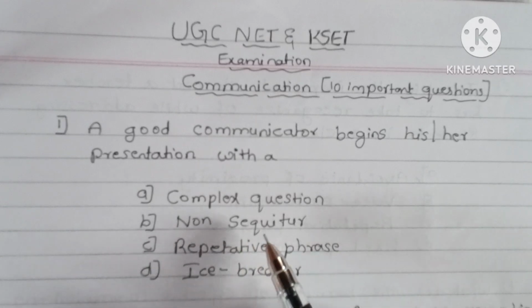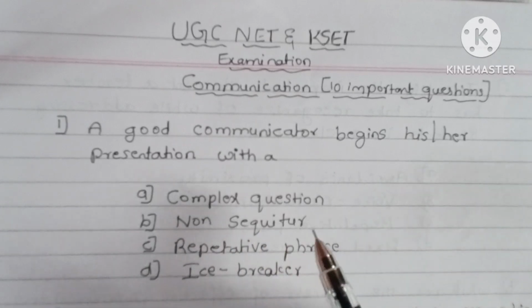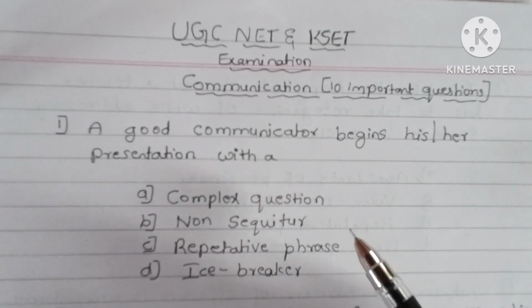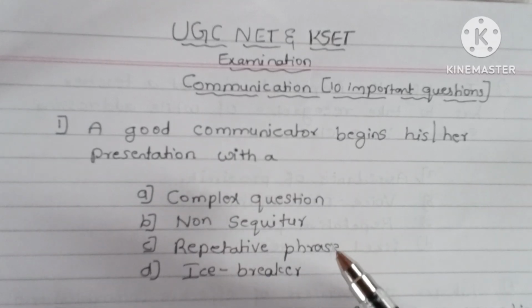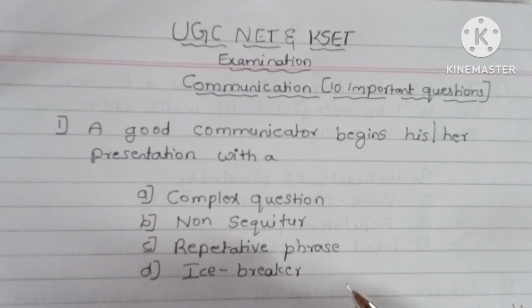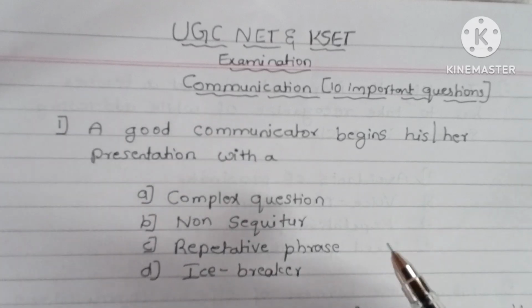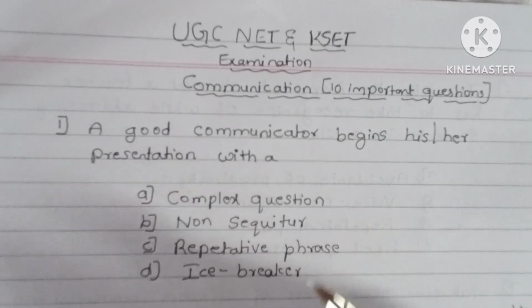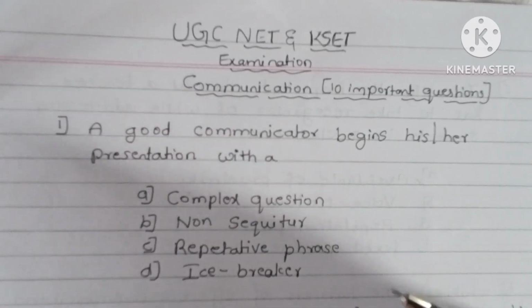Non sequiturs are unarranged statements that do not follow any pattern with the previous sentence, nor any logical arrangement. It is like a child talking to someone and speaking of his choice.